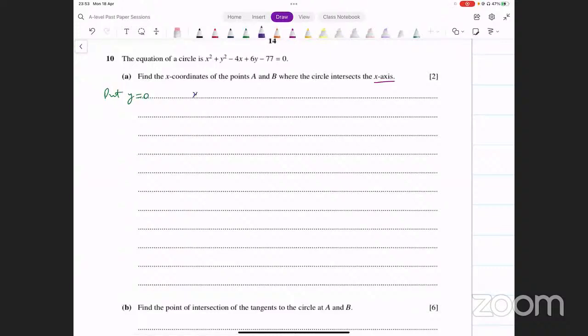Inputting y as 0, we get x square plus 0 square minus 4x plus 6 into 0 minus 77 equals 0, and that gives us the quadratic equation x square minus 4x minus 77 equals 0. Okay. Now again, this is paper 1. It's necessary to show the working for solving this quadratic equation. Can we factorize this?